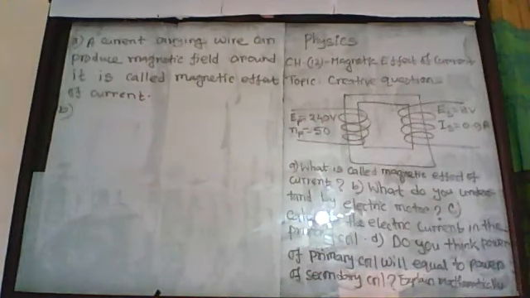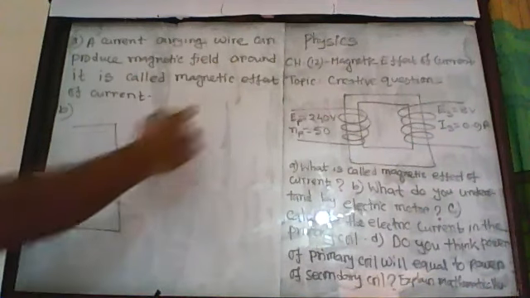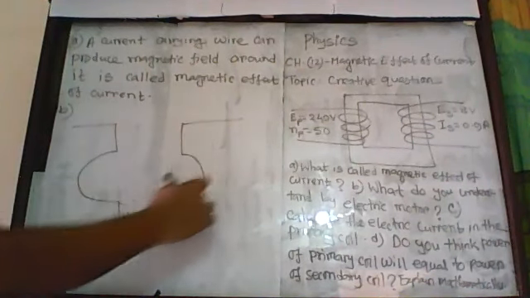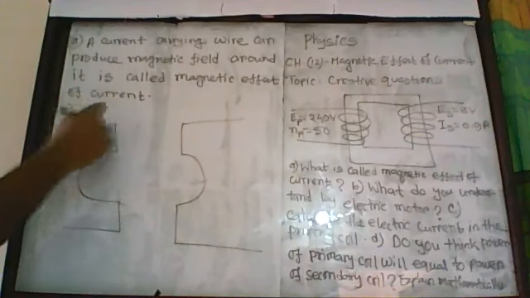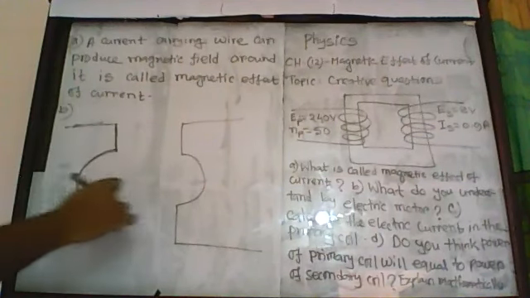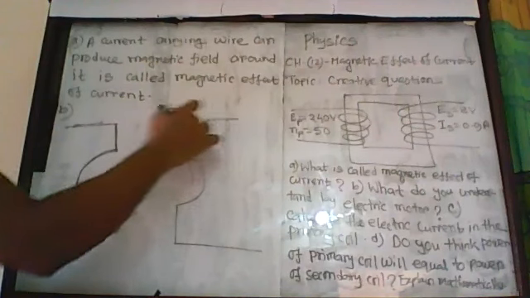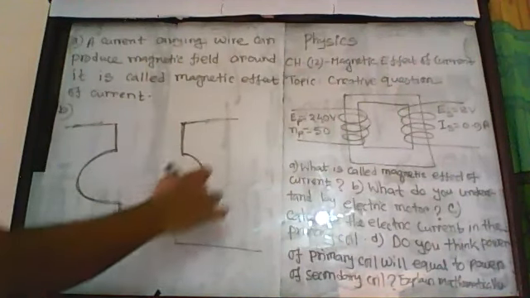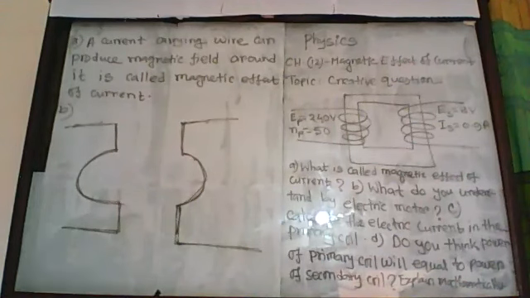Now I'm going to draw the simple structure of an electric motor. This is a magnet, and this another magnet, and these two are the two poles of a horseshoe magnet.